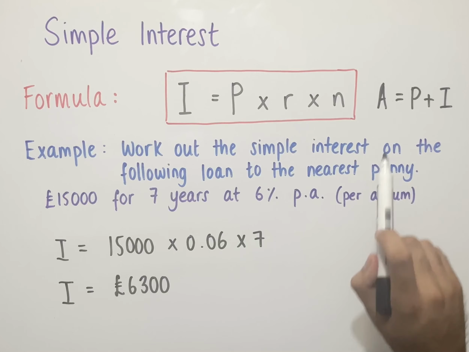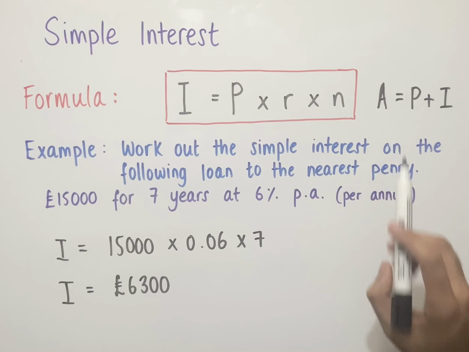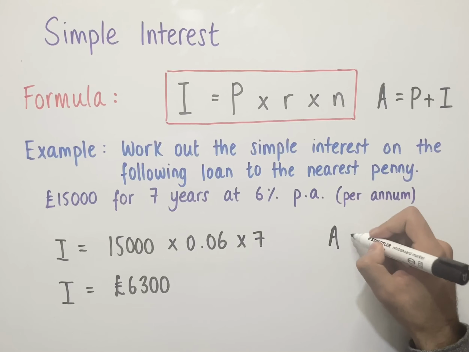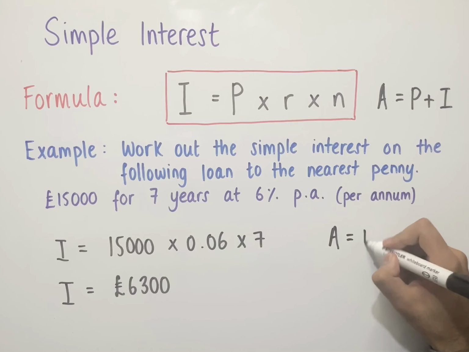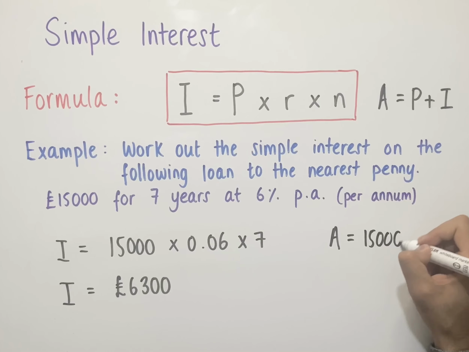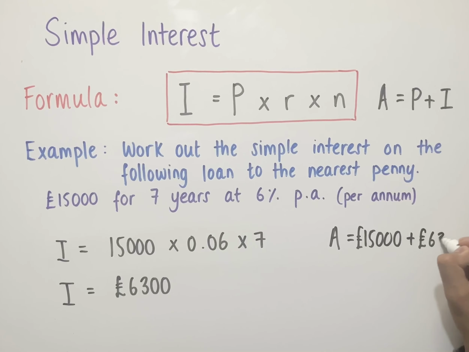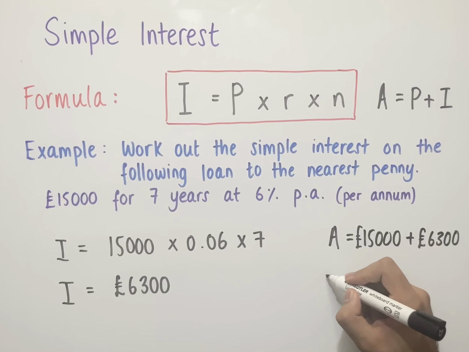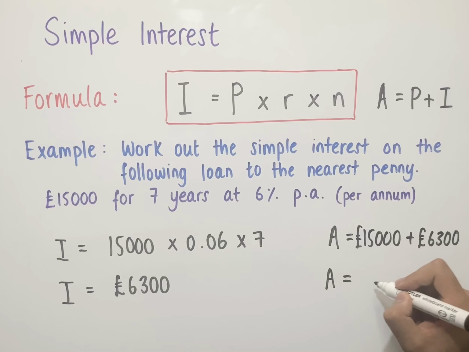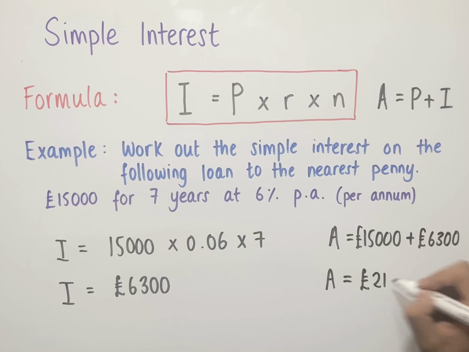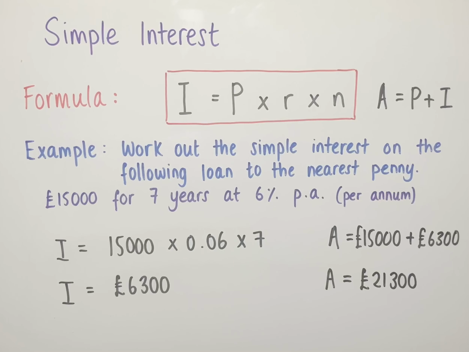So the total amount that would need to be repaid, capital A, would be the following. So A would equal £15,000 plus £6,300. Adding these two values together, we get an amount of £21,300, and that would be the amount that would need to be repaid.